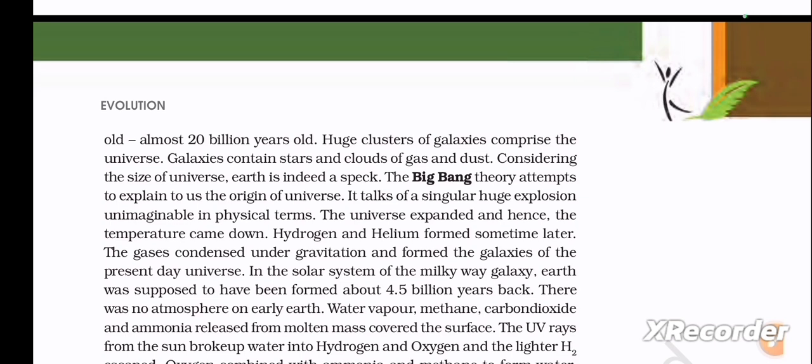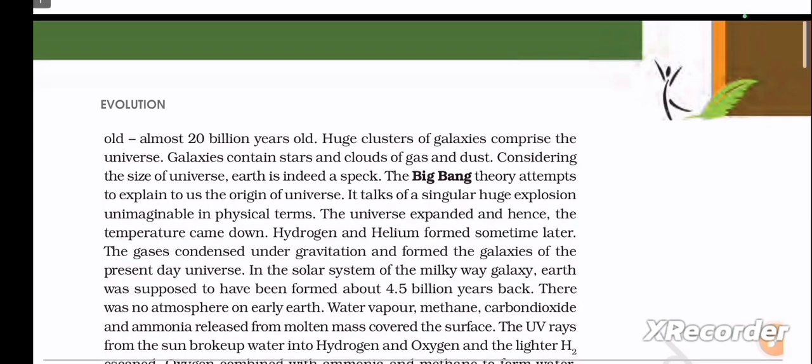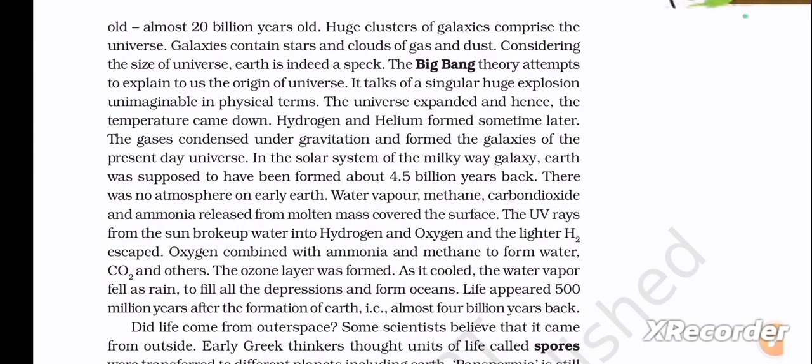In the solar system of the Milky Way galaxy, Earth was supposed to have been formed about 4.5 billion years back. There was no atmosphere on early Earth. Water vapor, methane, carbon dioxide, and ammonia released from molten mass covered the surface. The UV rays from the sun broke up water into hydrogen and oxygen, and the lighter hydrogen escaped.